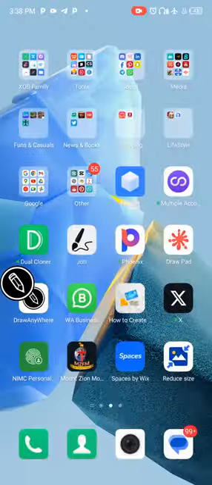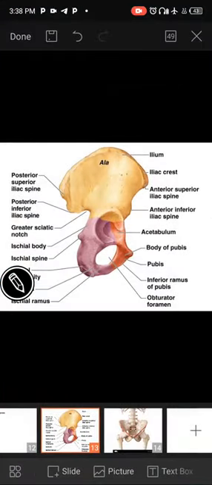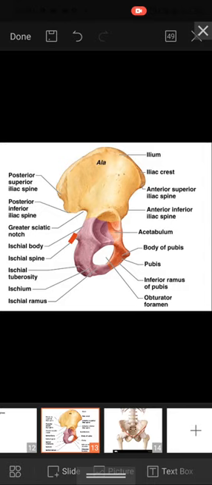You can see it labeled here already. What is the function of that ischial spine? It is an important landmark, and it also serves as point of attachment for the sacrospinous ligaments.